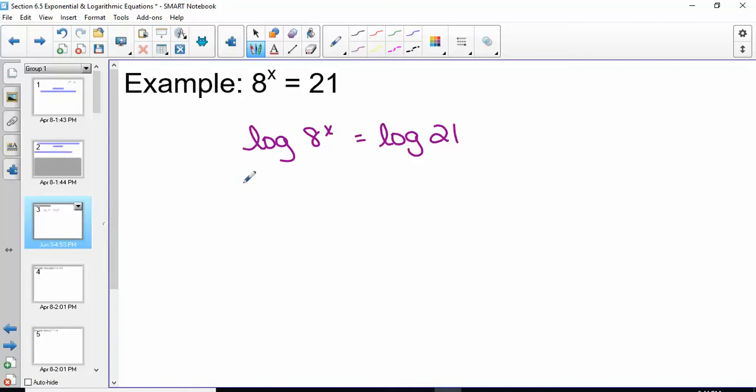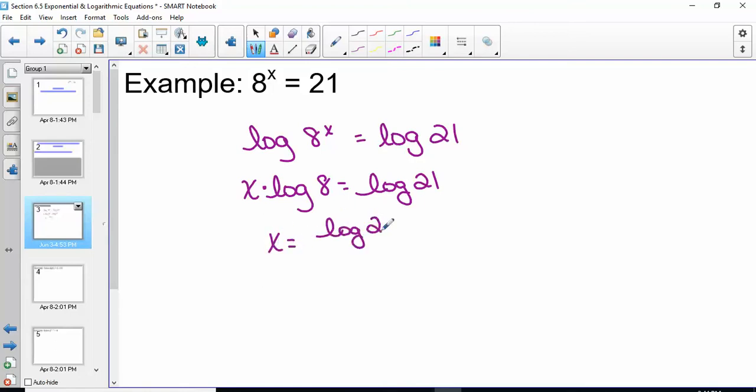If you have an exponent, we know that can come down in front. So this is x times the log of 8 equals the log of 21. If I'm trying to get x by itself, x is multiplied with this log, so you will divide the log. So x is log 21 divided by log 8.